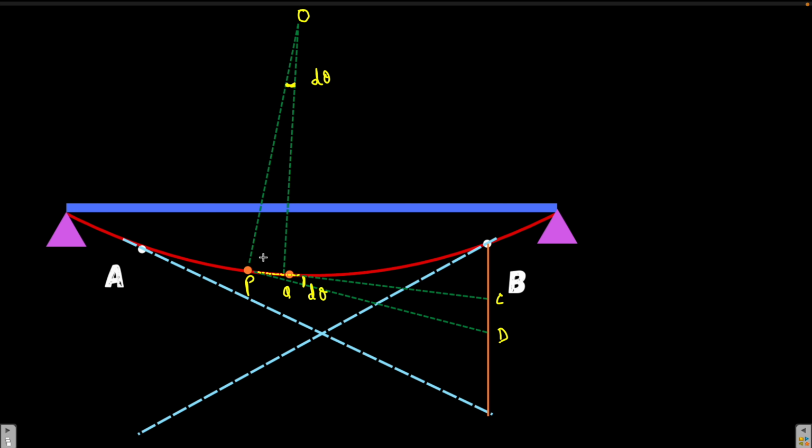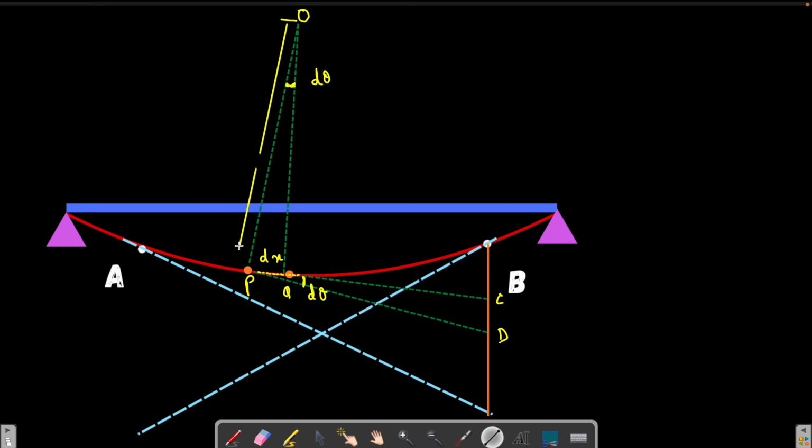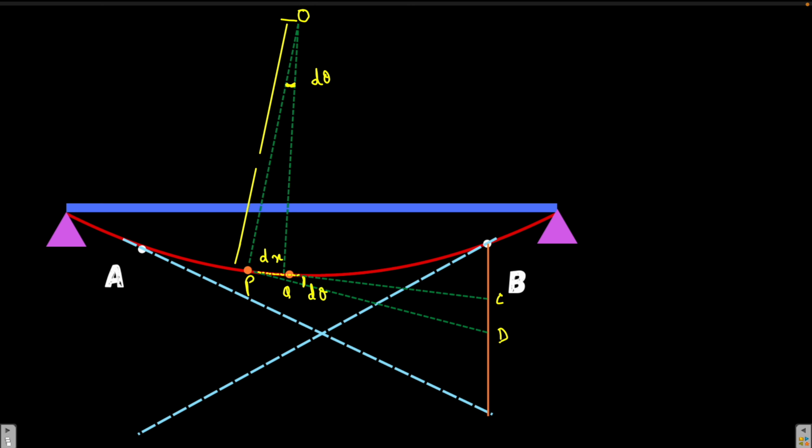Let the distance between P and Q be dx, and let the distance of O from point P, that is the radius of curvature, be capital R. So here is the radius of curvature, capital R. Now we can say that dx is equal to R d theta, right?